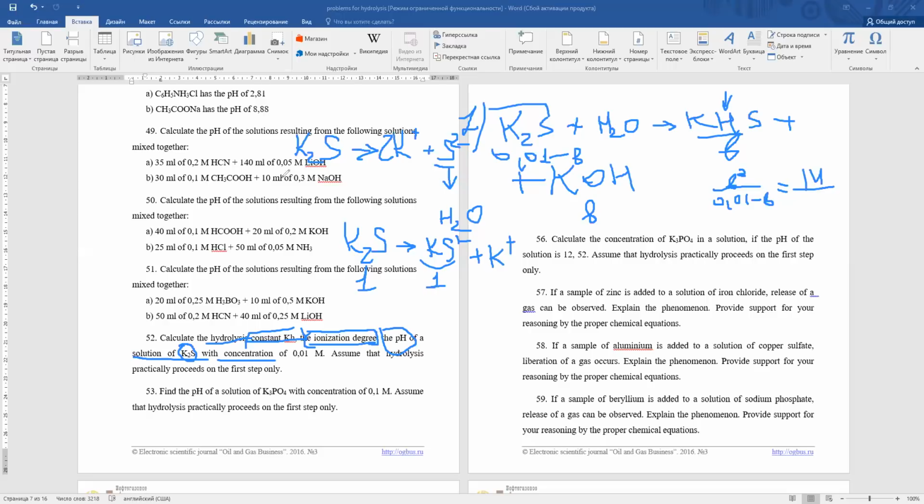Imagine in total you have 0.01 and let it be 0.005 molecules dissociated into ions like this, and formed 0.005 moles of these cations, and these cations can interact with water and form this one.